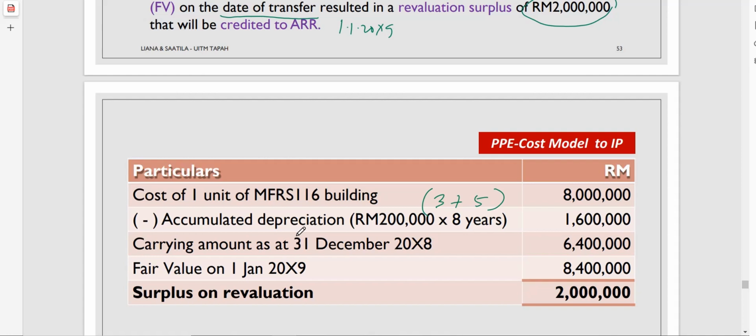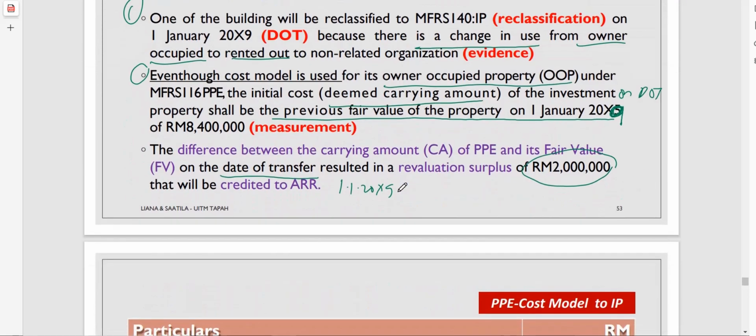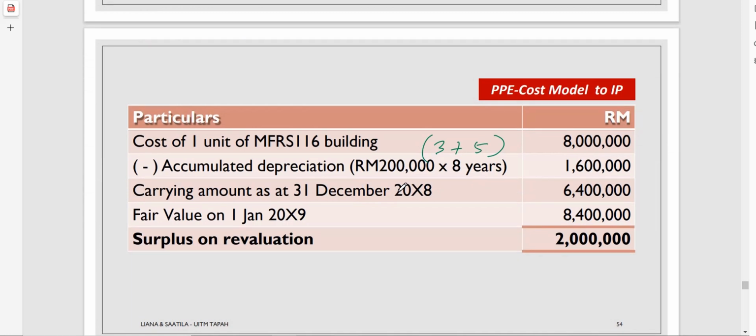Remember, that 8 years I have divided into 3 plus 5 years, right? So the accumulated depreciation was 200,000 each year, so it is 1.6 million. How do you get 200,000? Because the useful life was 40 years, so this 200,000 is taking the 8 million divided by 40 years. You have 200,000 times 8 years, so the carrying amount as at 31st of December 2000 X8 is 6.4 million.